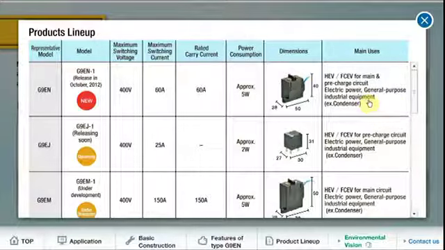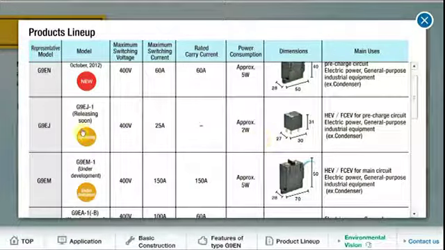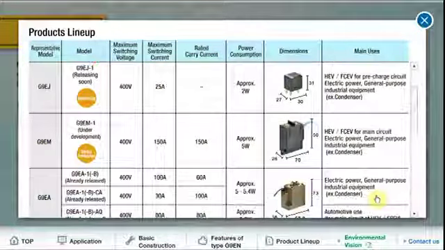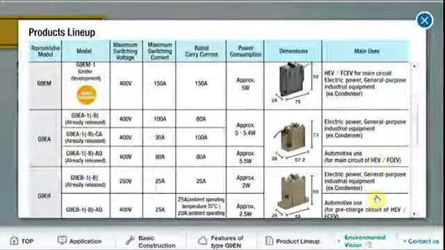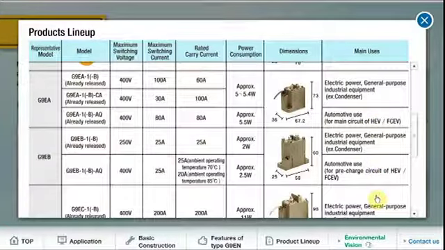G9EJ, which is the pre-charge, using the pre-charge 25 amp. G9EJ, again 25 amp. G9EM, to be released shortly, 150 amp. G9EA, that's our existing lineup, anywhere up to 180 amps.